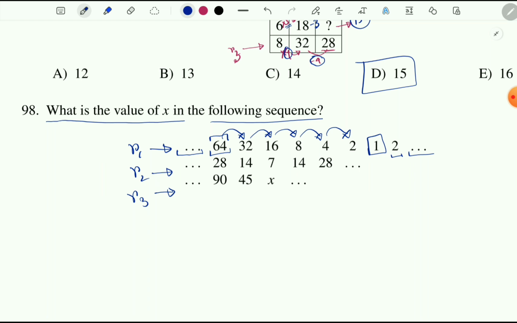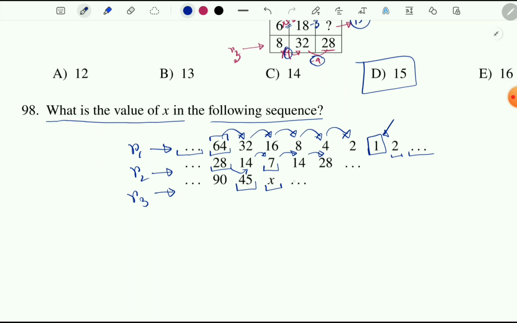So what we can see, only 1 is an odd number, and in the second row also 7 is an odd number, and here only one number is odd. Now 45. We have to find out the value of x. Okay, so in our second row we can see 28, it becomes half, 14, and then it becomes 7, half of 14, and again it started from 14. So after 14 it becomes 28.